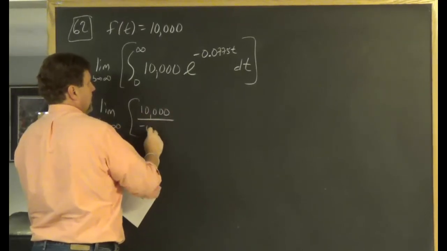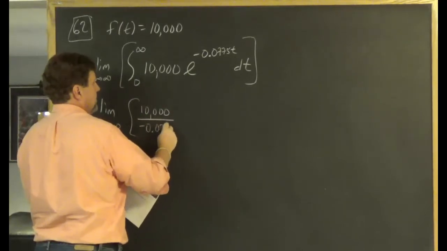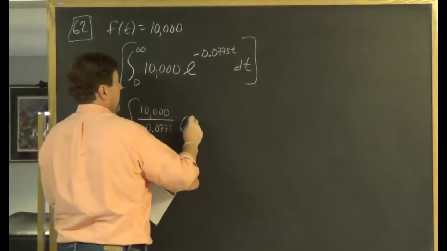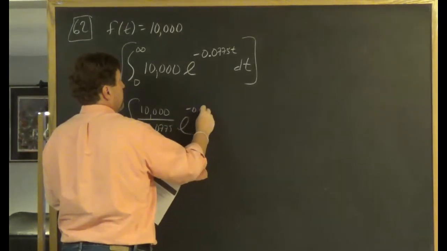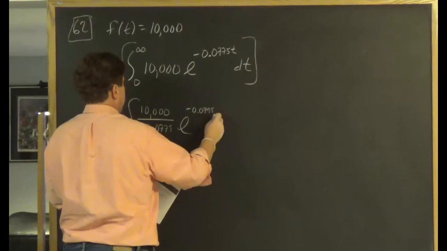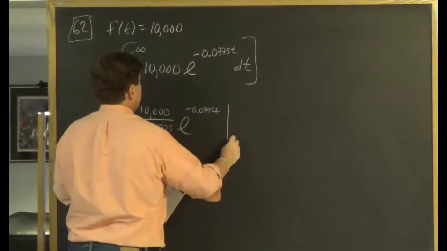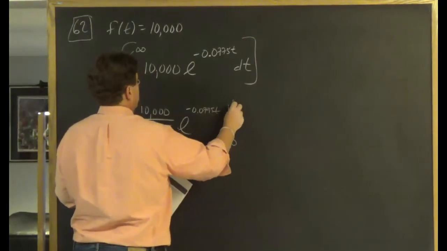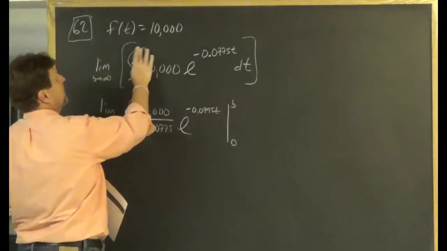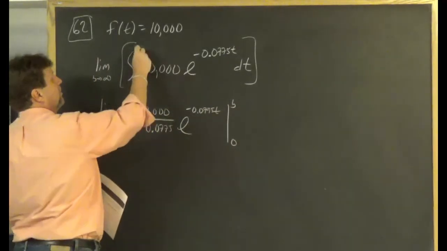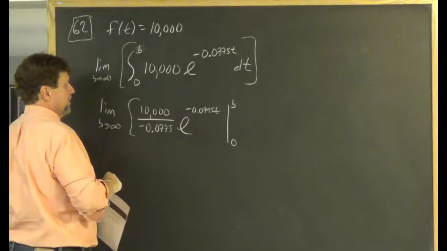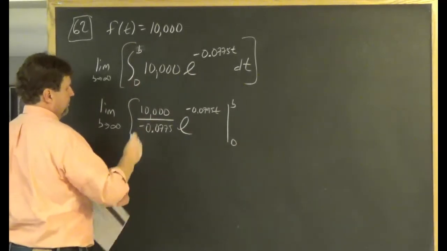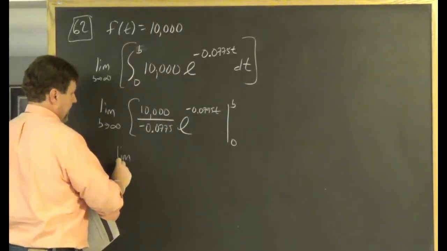10,000 over negative 0.0775 e to the negative 0.0775t. Evaluate that from 0 to b. Oops, made a typo at the board. That should be a b. And I'll go ahead and put in the fundamental theorem of calculus.